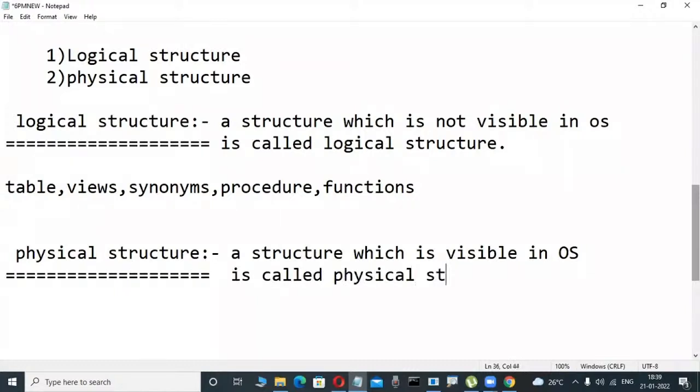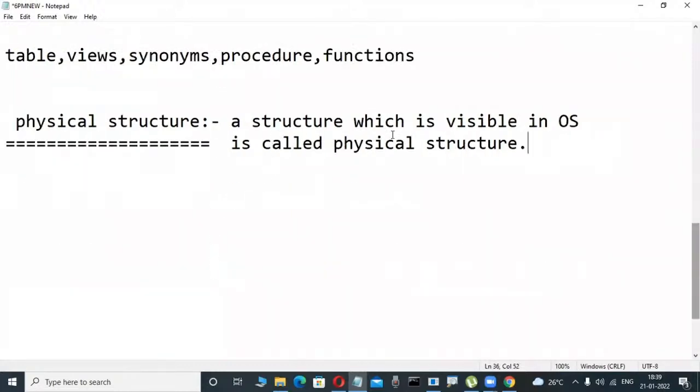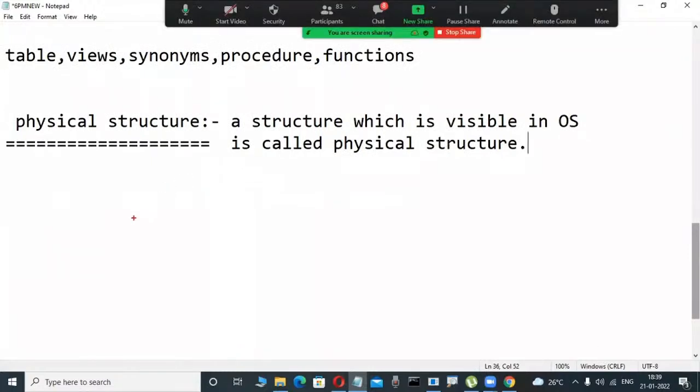Who are the persons working in this physical structure? It's a big concept. I'm telling the definition side only, because today I will tell you which definition of database is correct. A structure which is visible in the operating system is called a physical structure. Suppose I am installing software, some physical files are created on the disk. Your PowerPoint, MS Access, MS Word, anything we are loading, physical files are created.